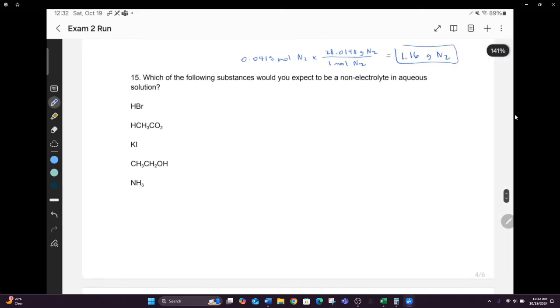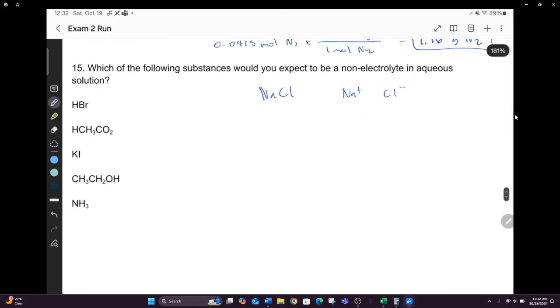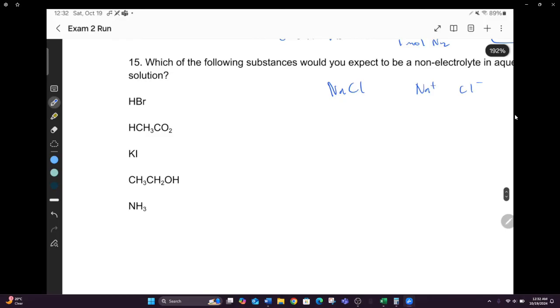So electrolytes basically is when you add substances, right? So typically salts to water, they'll break apart, right? So for instance, the one that we all know is NaCl. When we put this in water, it'll be Na plus and Cl minus. So these are electrolytes because it kind of has to do with physics where they conduct electricity, basically. But HBr, right?